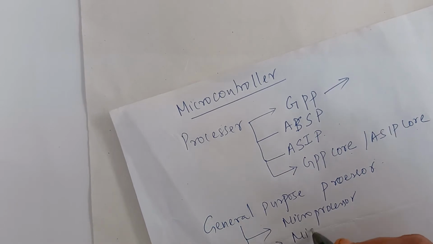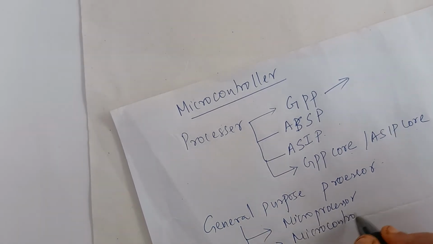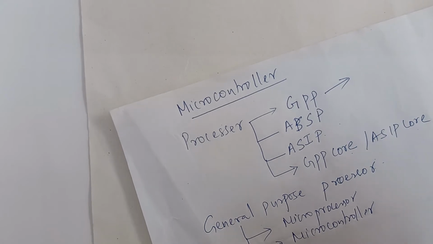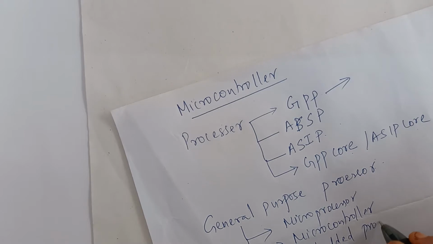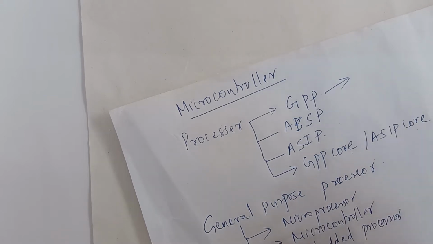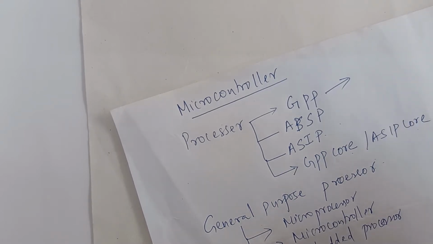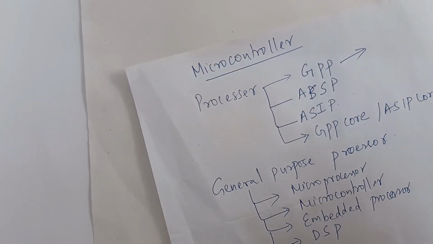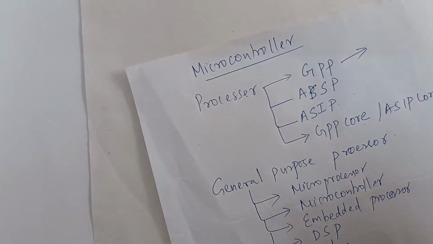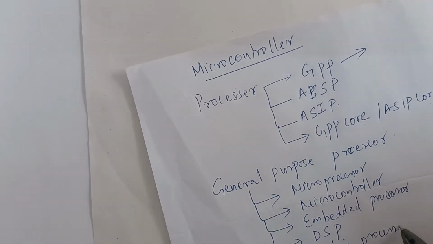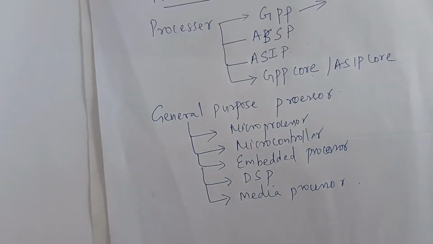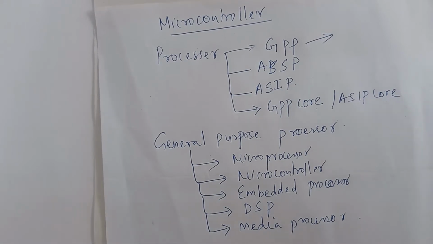Then we have the microcontroller, then our embedded processor, then digital signal processing, which you have already studied in detail, and then the media processor. We are actually going to study processor chips for embedded system applications.